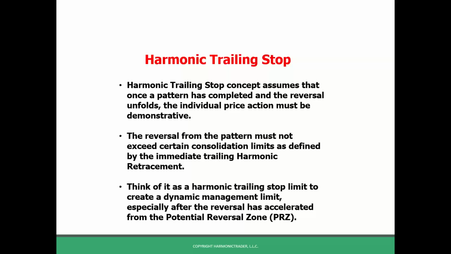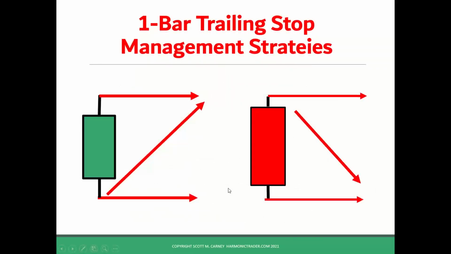If it's going down, lower low, lower high. And we can measure that and put some harmonic retracements, extensions off of that bar as a dynamic management limit. Something to look at, because this gives us a way to look at price action at specific spots and then have a little bit of tolerance.